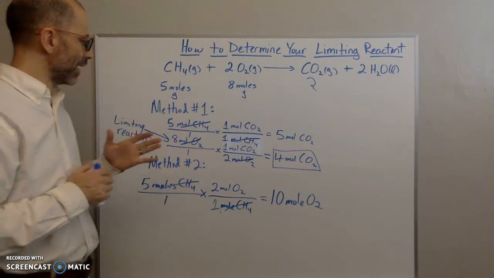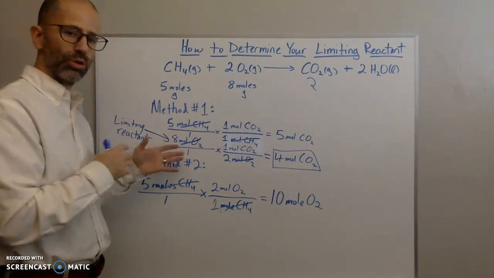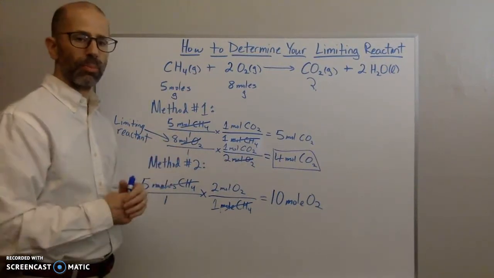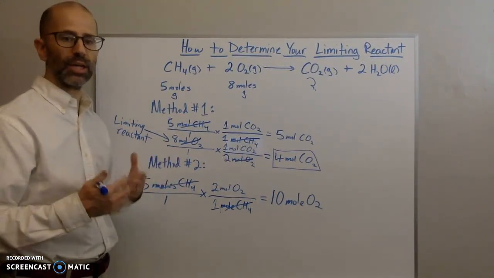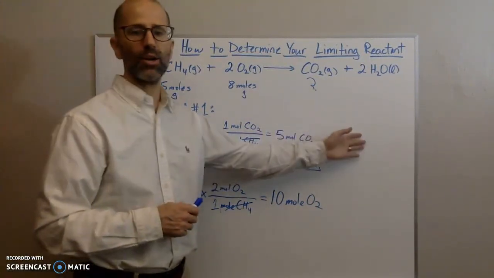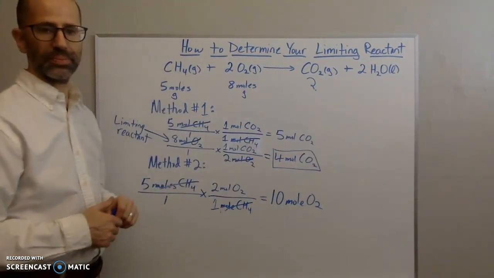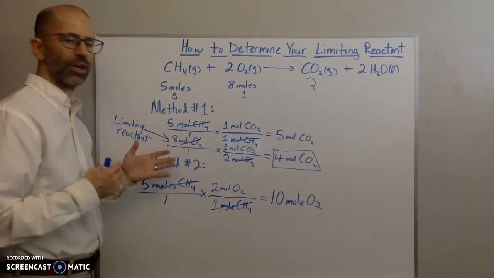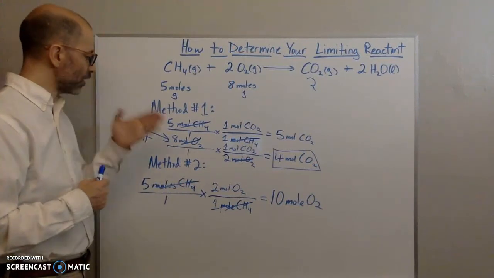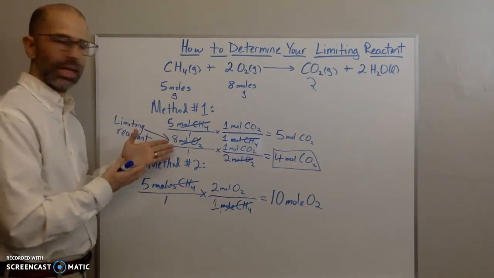The method I like the best, I think, in most problems is this one here, because most of the problems that they're giving you in the limiting reagent problem are going to ask you, please calculate the theoretical yield of some product. So because you're going to have to calculate the product anyway, you might as well just do it in the beginning, right?